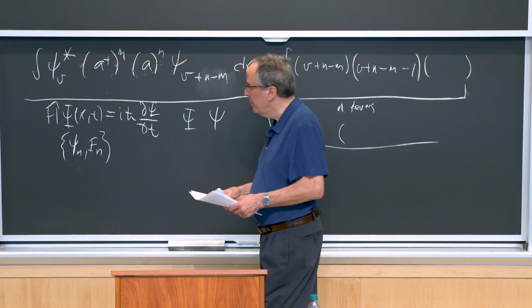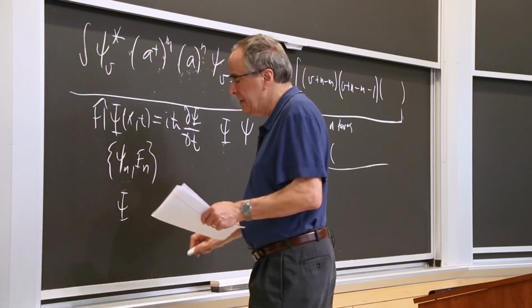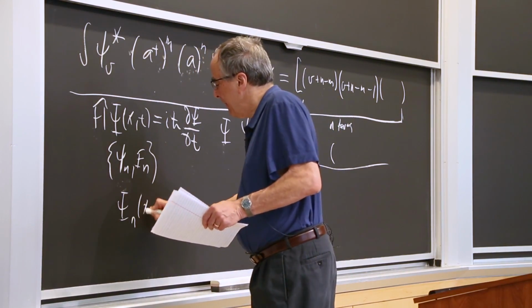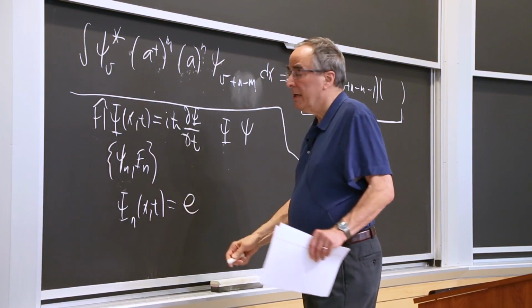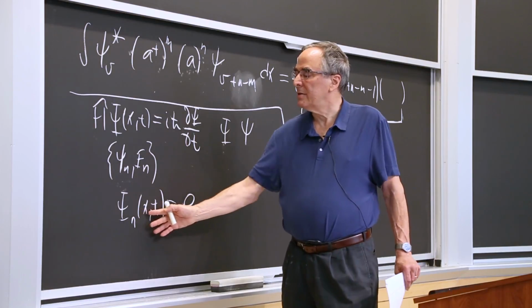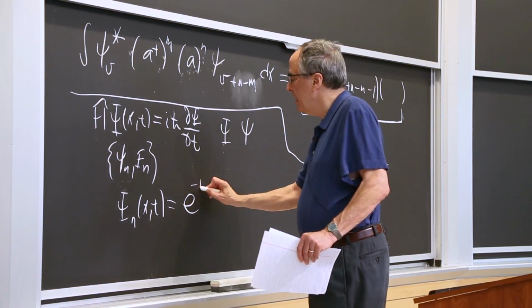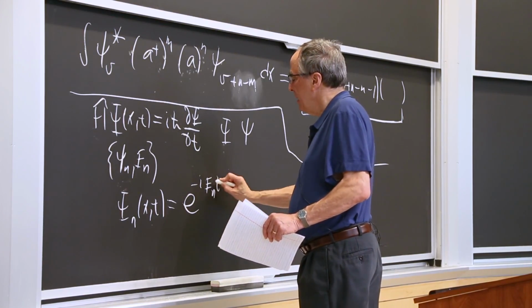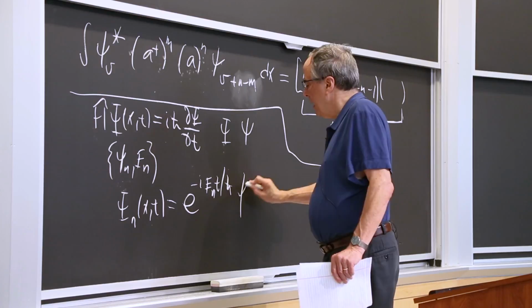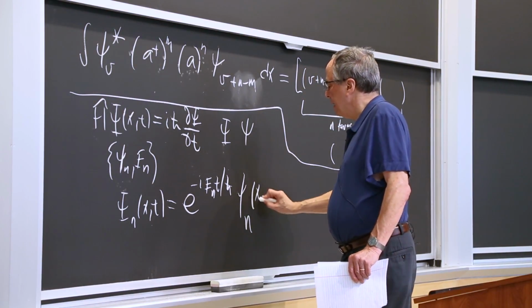So the first thing I want to do is to show you that if the Hamiltonian is independent of time, we can always write a solution to the time-dependent Schrödinger equation: e to the minus i E n t over h bar psi n of x.